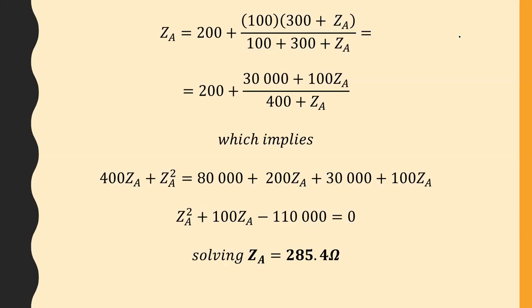First we are connecting ZA at port B, and the impedance seen looking in is ZA. Second network, we are connecting ZB at port A, and the impedance seen looking into port B is ZB.